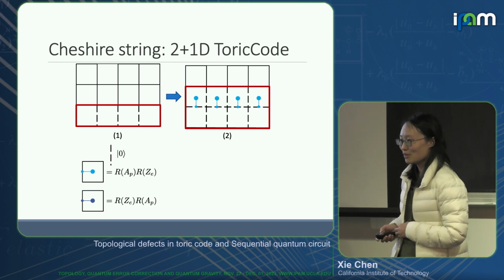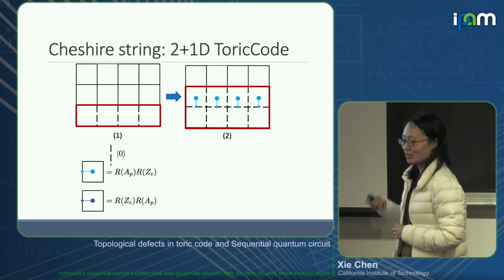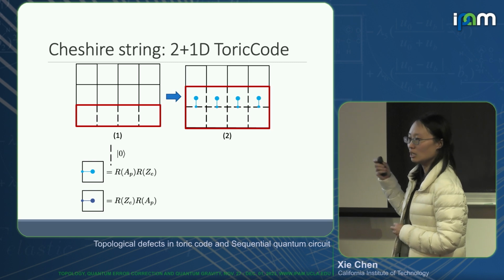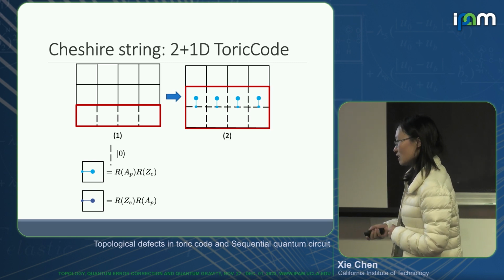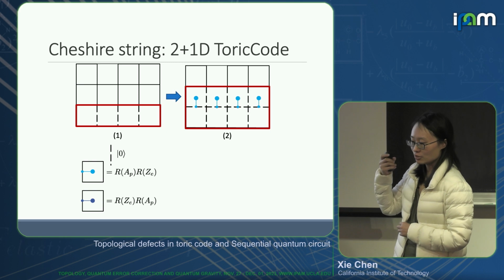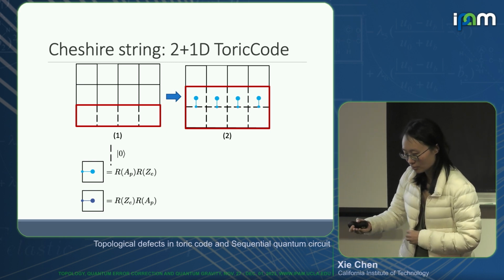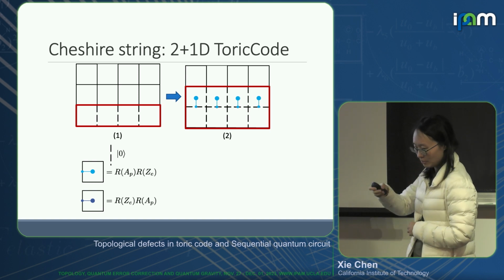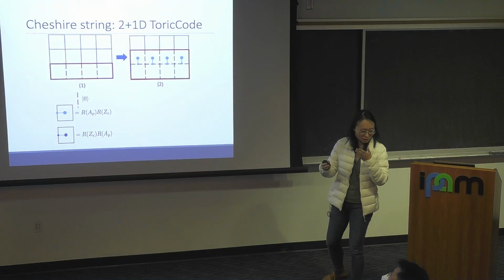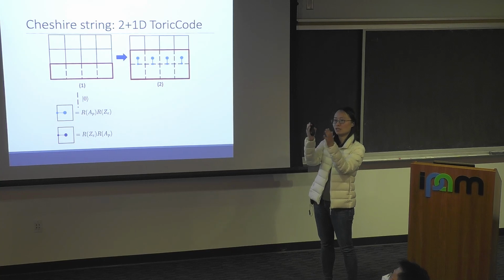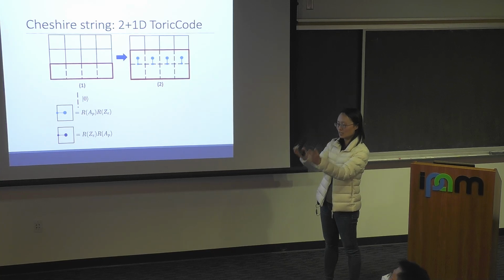On the other hand, the finite depth circuit also plays a very important role in the whole discussion of this defect, because as I said, I consider anything generated by finite depth circuit to be trivial. Another way of saying it is that if I have a defect already and I apply a finite depth circuit, that gives me an equivalent defect.